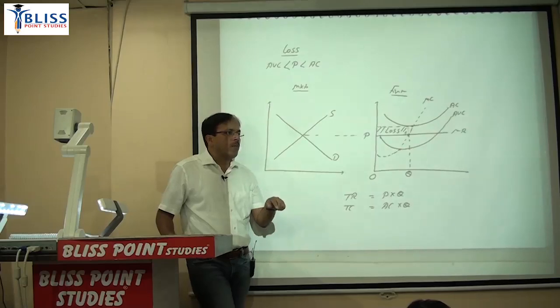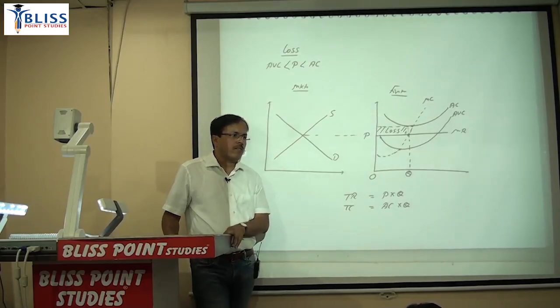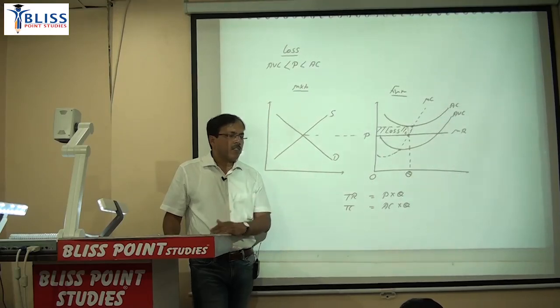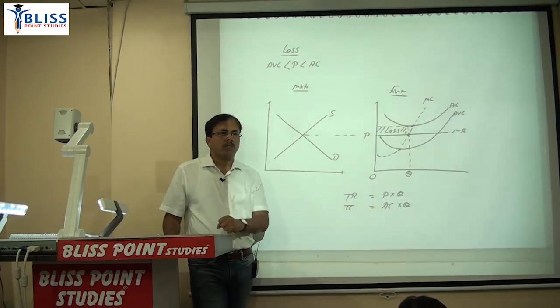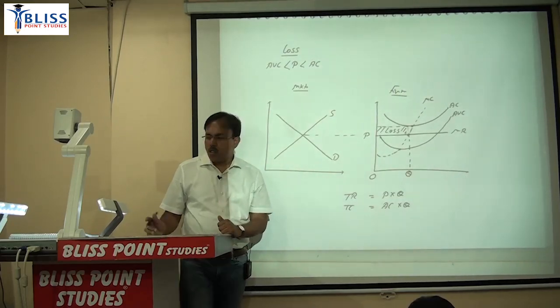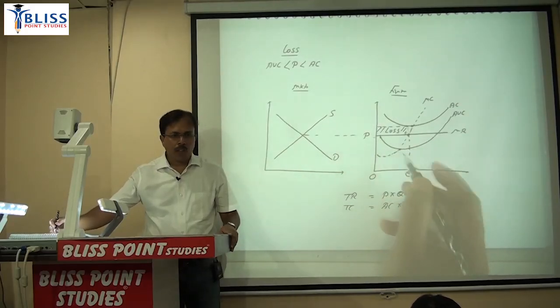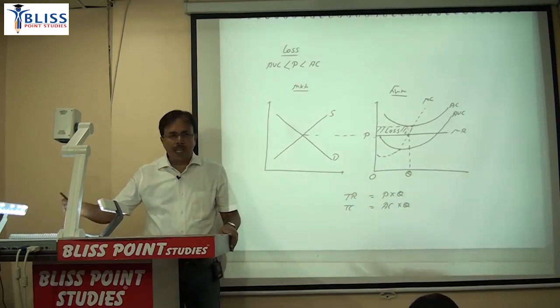but despite loss the firm is operating because the firm is having operating profit. Which area is operating profit area? ऑपरेटिंग प्रॉफिट का एरिया कौन सा हुआ? Operating profit is TR minus what? Total variable cost. So total revenue area is clear. We have to subtract total variable cost.